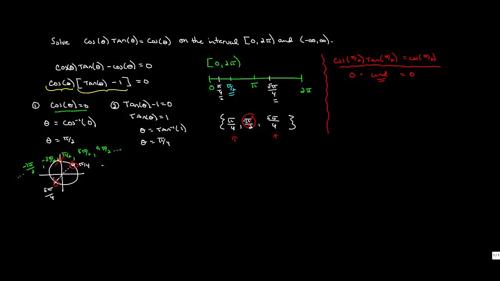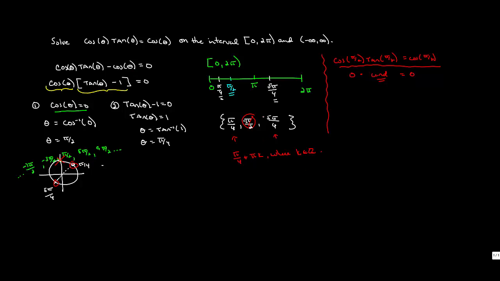And so we would just subtract or add 2 pi to this guy or this guy. Or another way we can do it is we can just say pi over 4 plus a multiple of pi, because we go pi, pi, pi, pi, keep hitting those. So pi times k, where k is an element of the integers. So that's how we go ahead and solve one of those guys.